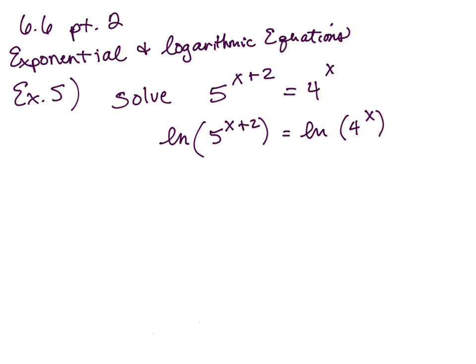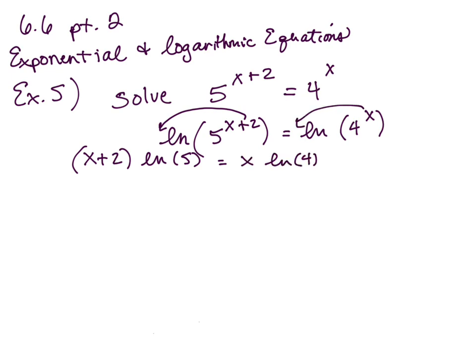Yes, if something is raised to a power in the argument, you can pull it down as a coefficient. Are y'all remembering that rule? So these could be rewritten as x plus 2 times the natural log of 5, and we would set that equal to x times the natural log of 4. Pull that x down. Is that feeling better? Okay.